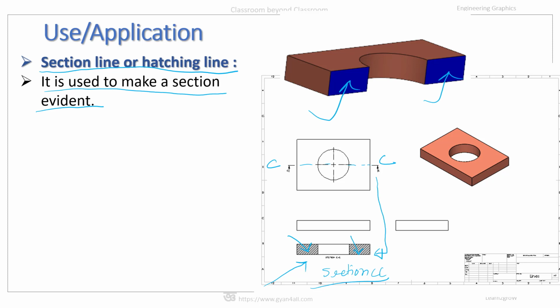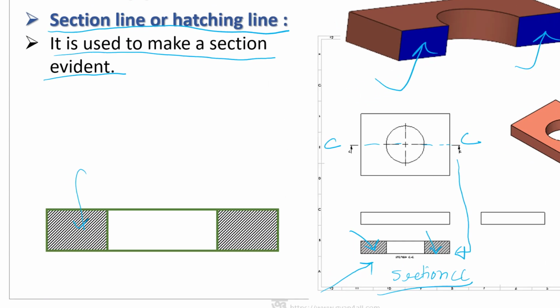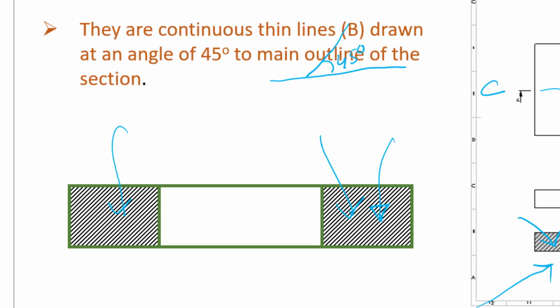And in a simple engineering drawing, we don't use any color. So instead of that, there is one convention. These sections are represented like this. So these are the lines called section line or hatching line. The characteristic of the line is that it will always be at an angle of 45 degrees to the outline of the section.